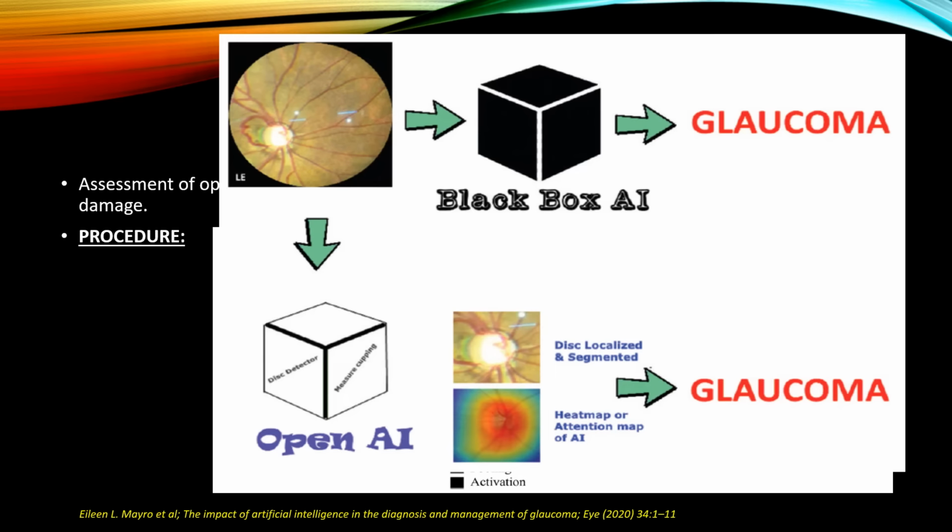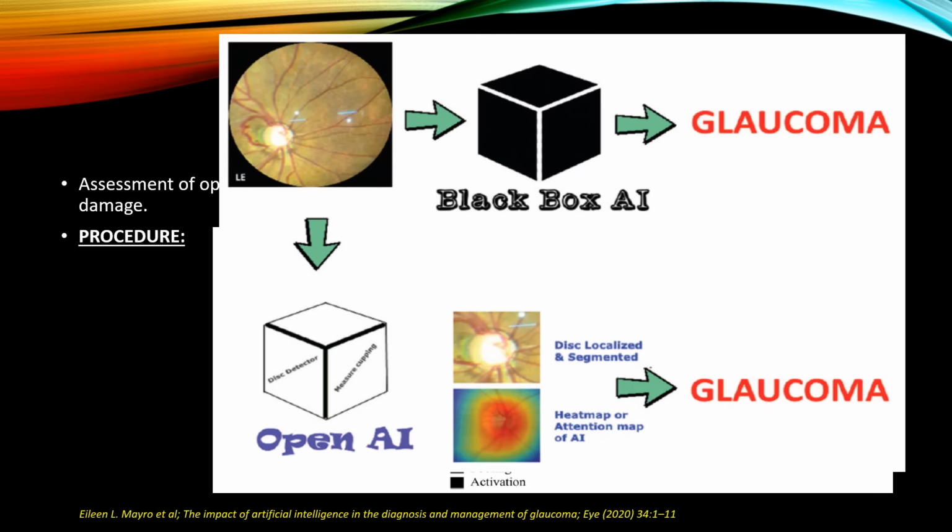Now, why I say so, that is because there's a difference between the black box AI and the open AI. The open AI, I had mentioned previously in the initial slides about the integrated learning. So black box AI is when we are not aware of the processes that the patient's clinical photographs or data is undergoing to come up with a classification. Open AI is when we know what parameters are being assessed.